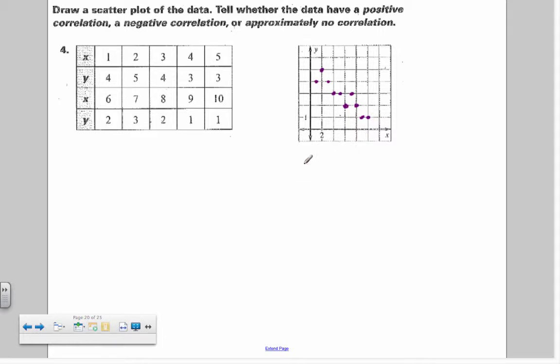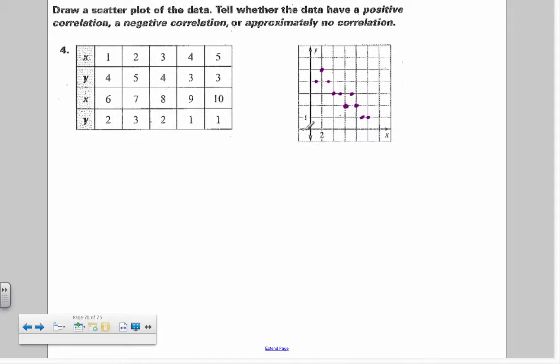Okay, so now I've plotted all my points on my scatter plot, and it says tell whether the data have a positive correlation, a negative correlation, or approximately no correlation. So remember, a positive correlation is like a positive sloping line. It's going to start in the bottom and go up from left to right.